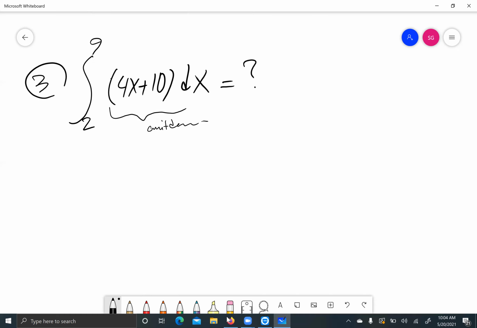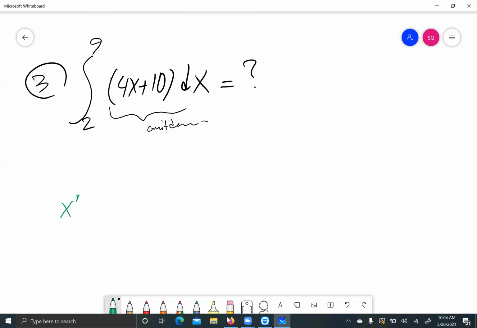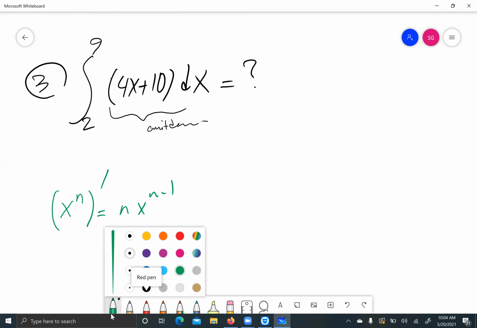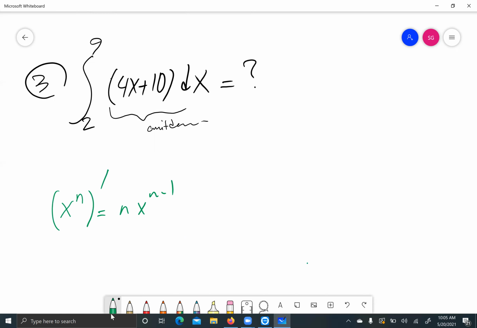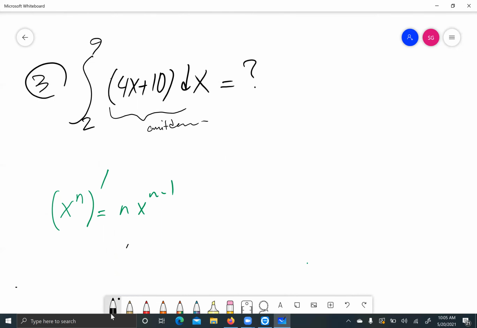So what gives me 4x? Again, recall a power function, x to the n. The derivative of x to the n is n times x to the n minus 1. The derivative here is 4x. So I'm just looking at the power.